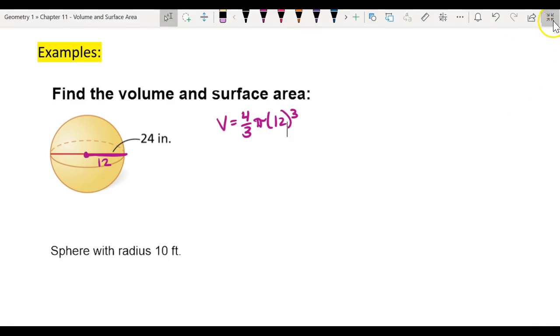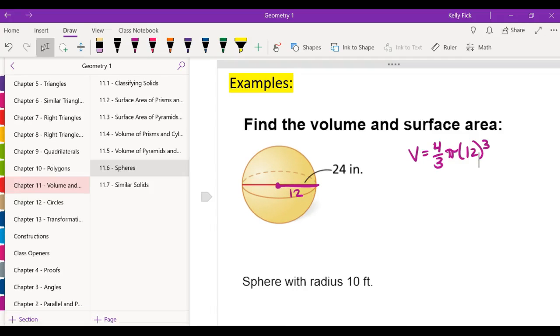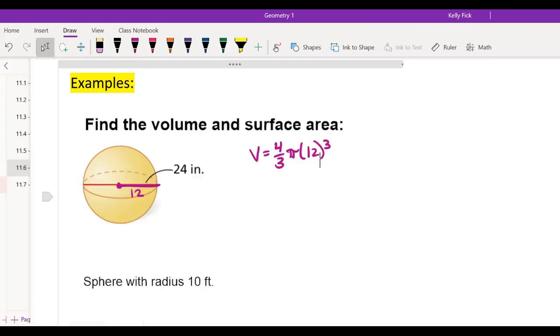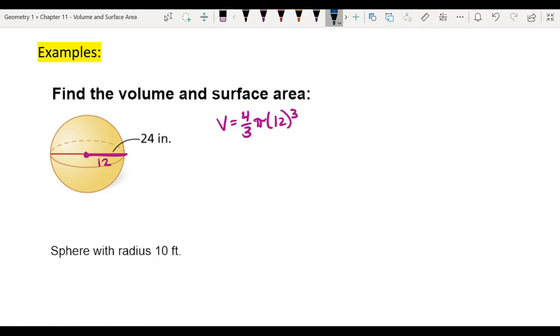Now, you should use my calculators today. Today your equations are in terms of pi. So you're going to do 4/3 times 12 to the 3rd. You would type in 4 divided by 3 times 12, and then the up arrow button is how you do your big exponents.